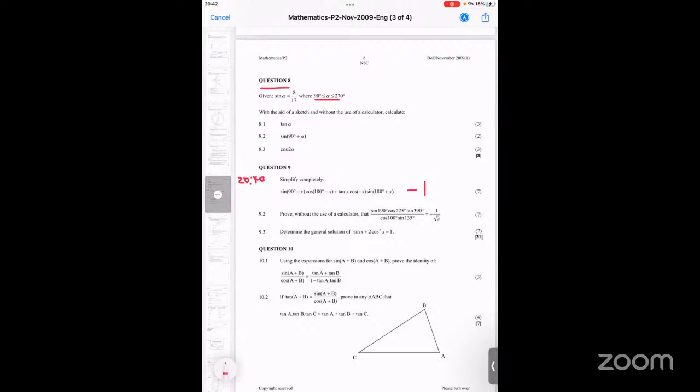They are saying starting from 0 up until 270, or they are saying your angle is between 90 and 270. So that means your triangle is either here or here. How are you going to know whether it is in that quadrant or this quadrant? Then this should tell you.